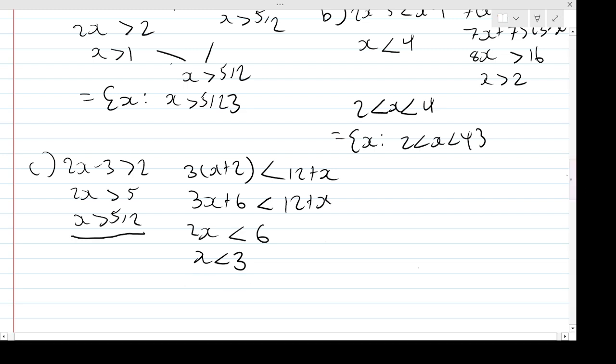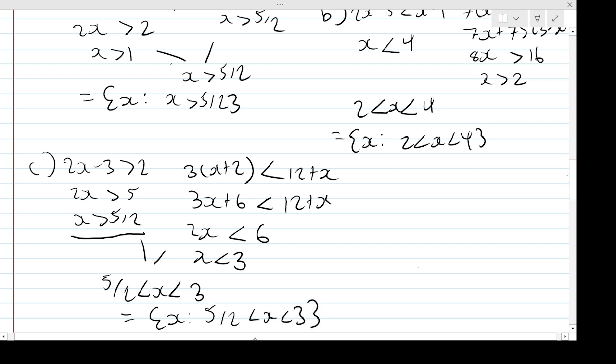So we can merge them together to get 5/2 as the lower bound for x's smallest value, and then x has to be less than 3. So x is above 5/2, but x is also less than 3. Then as a set, we can simply say the set of values of x such that 5/2 is less than x, which is less than 3. That's a singular inequality overall, so that would be fine. So cool, that's the set of values of x.